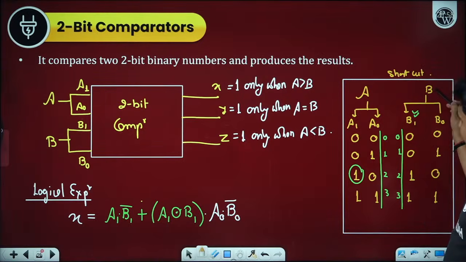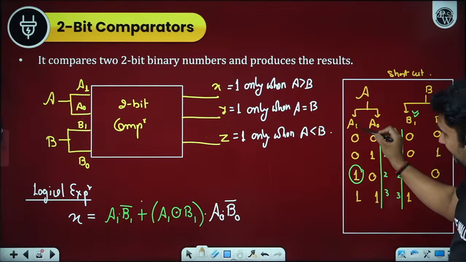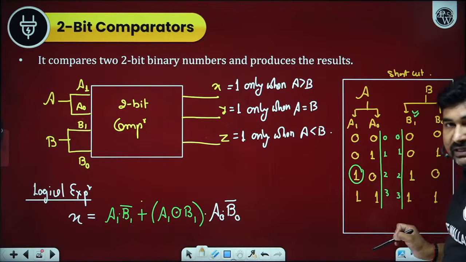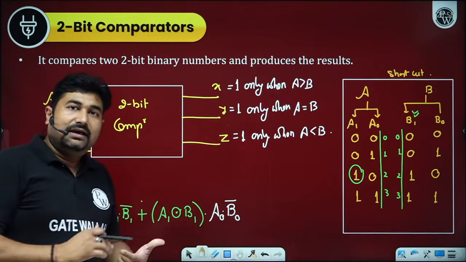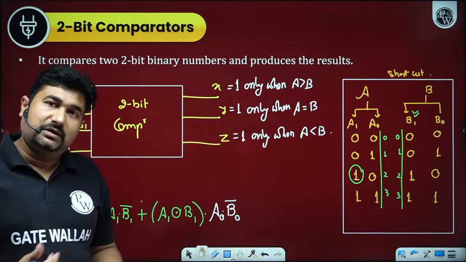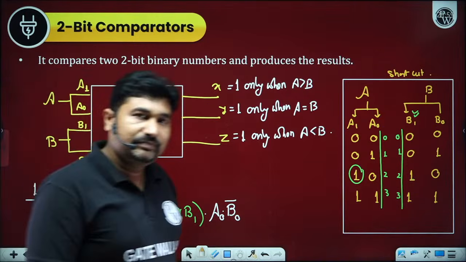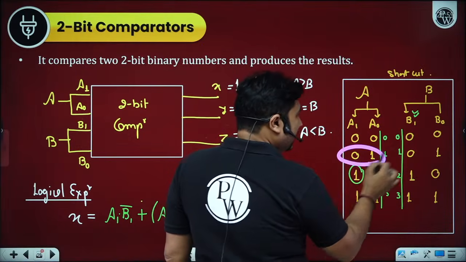Number A is greater than B. Either the MSB A1 is greater than MSB B1, or in case the MSBs are equal, then the LSB of A number must be greater than the LSB of B number. Then also your number A is greater than number B. Is it okay? Suppose we have this number and this number.